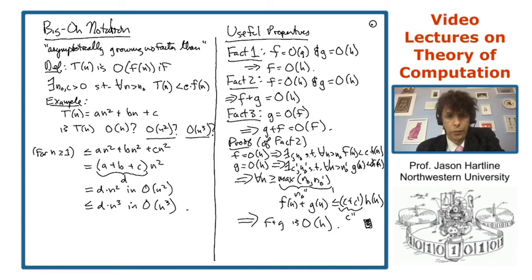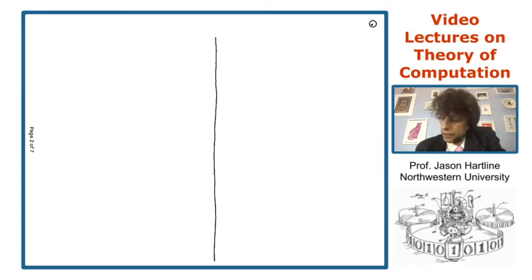Great, so we're almost done with this lecture. I have a couple more things I want to say. The next thing I want to say is about using big O, and I have two main points.